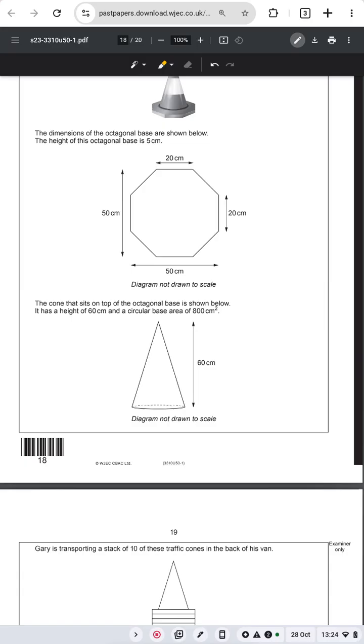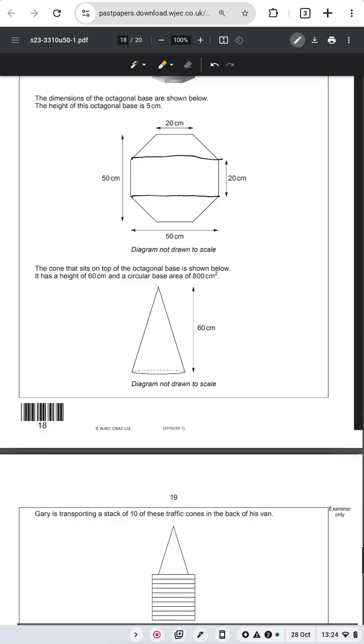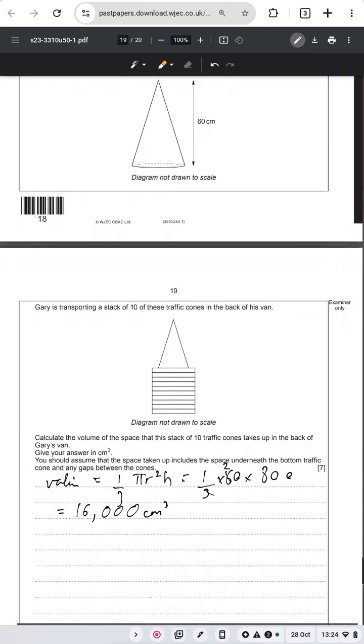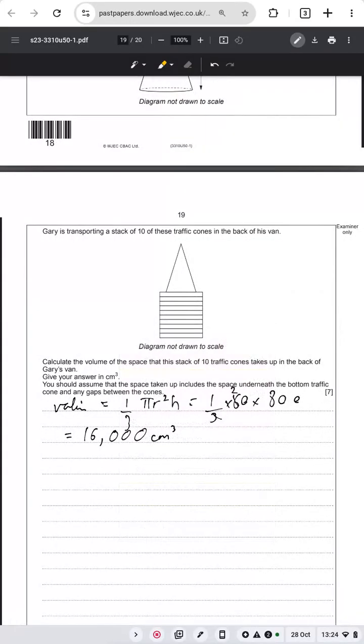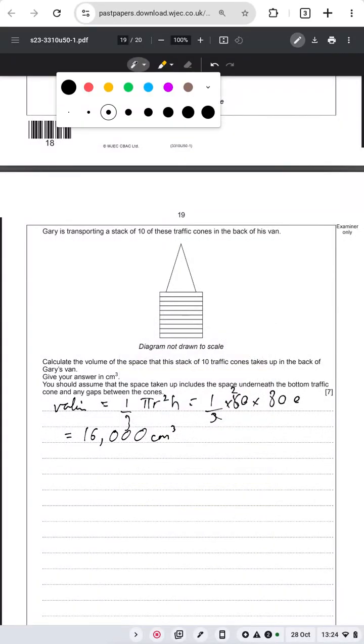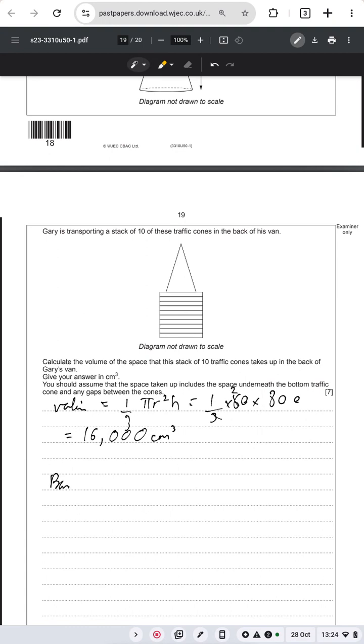We now have to worry about the base. This base can be divided into two identical trapeziums and a rectangle. We can calculate the area of that, and then times it by the height of the stack. So if we start off with the base area, this is going to be 50 times 20, which is the rectangle, which is 1,000 centimeters squared.